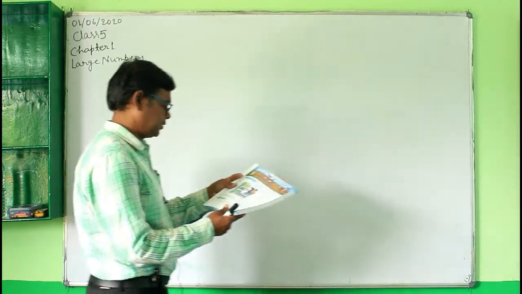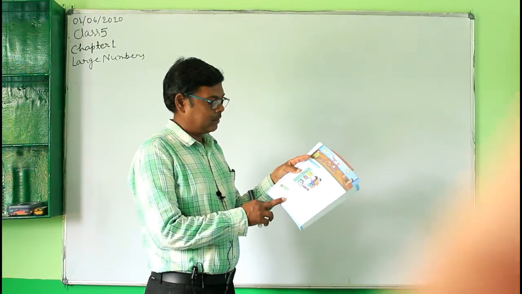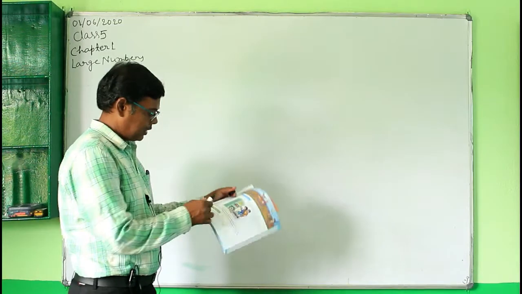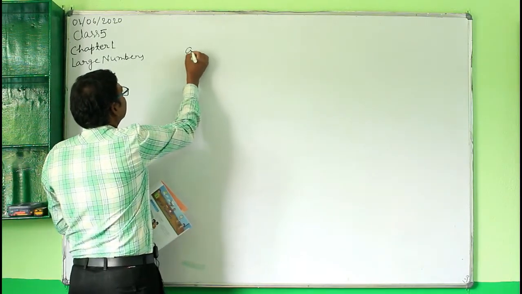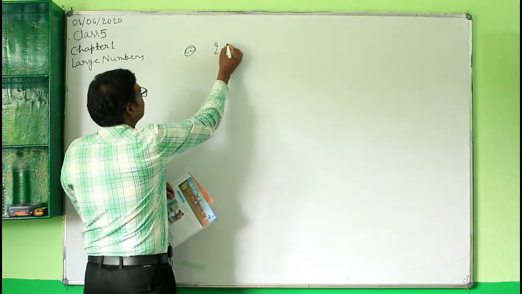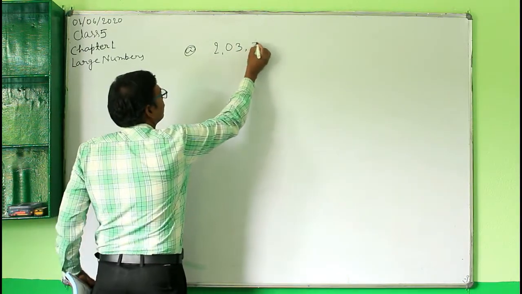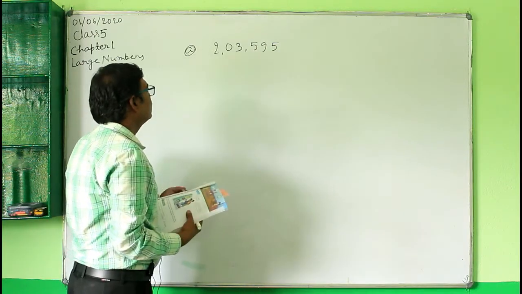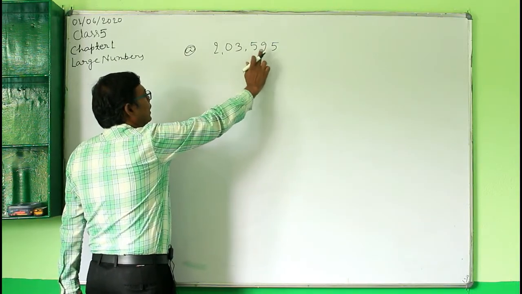So the first question is here, we have to write the number in the expanded form. The first question is A, and this is the number 2,03,595.